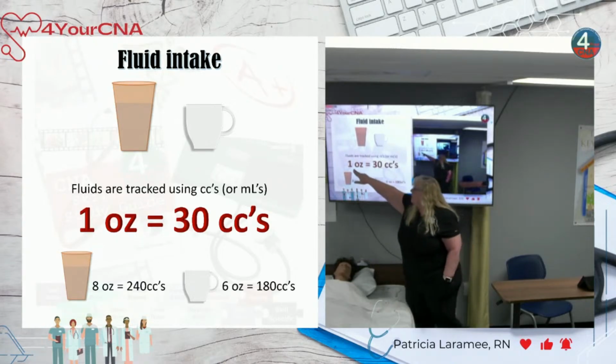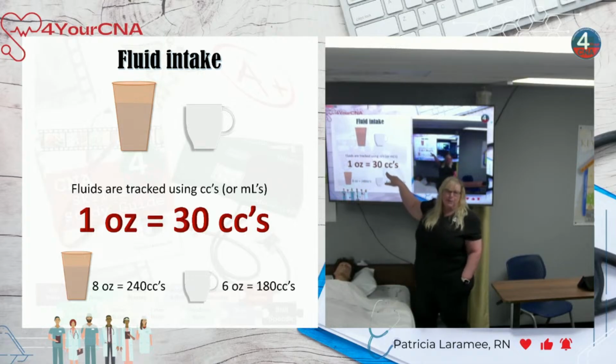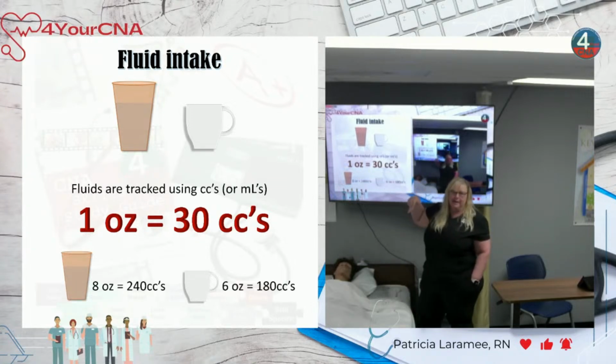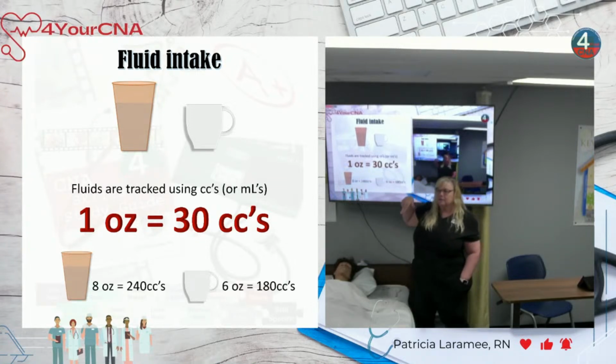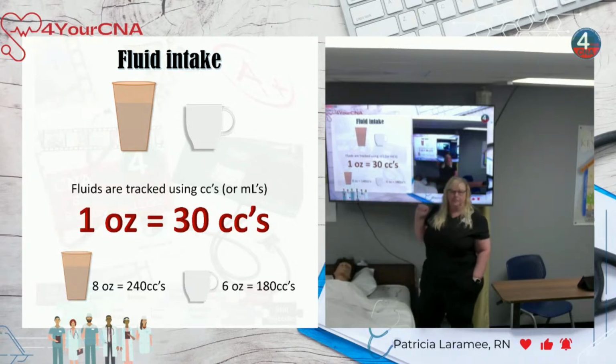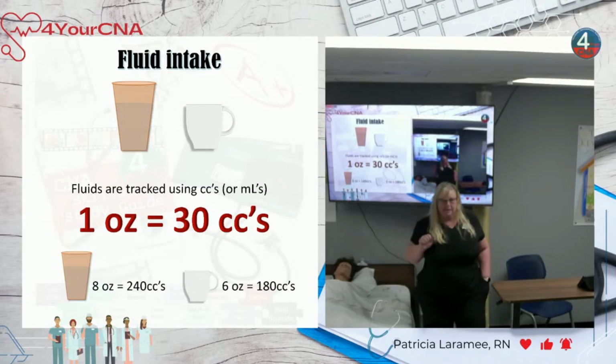So we would want to convert this from 8 ounces to cc's, and we would do that by multiplying it by 30. So 8 ounces times 30 cc's, 8 times 30 is, anybody know? 240. So 8 ounces would be 240. So you times ounces by 30 to get cc's or mLs.